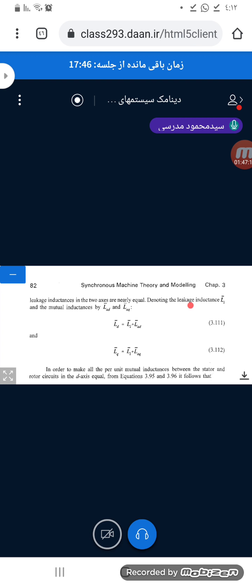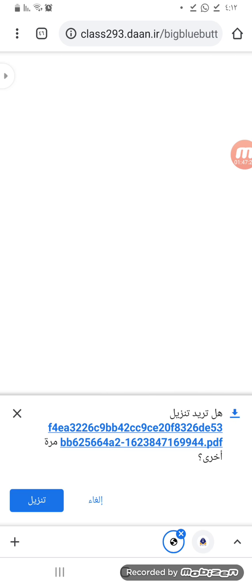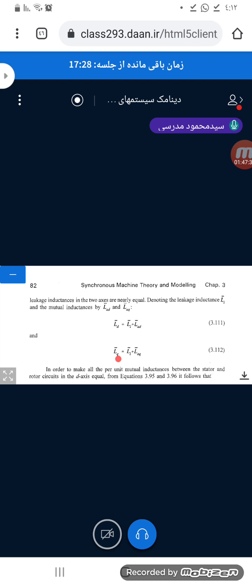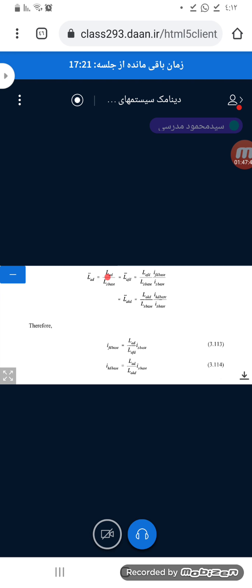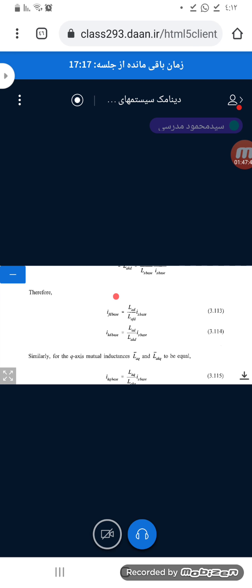Noting the leakage inductance L_l and the mutual inductances L_AD and L_AQ, L_d is equal to L_l plus L_AD and L_q is equal to L_l plus L_AQ. Therefore, I_FD base is equal to L_AD per L_AFD multiplied by I_S base, and I_KD base is equal to L_AD per L_AKD I_S base.